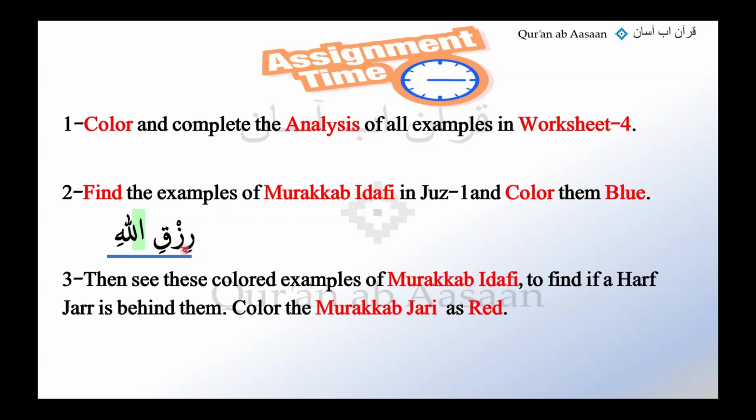For example, if we see Rizqullahi like this in the juz, and we look back, this is also in jar, we look back and we see min, the harf jar. How are we going to underline it? We know that min rizqi, together they are forming murakkabe jari. How are we going to underline it? Red underline, and make sure not here, below the blue line. We have already talked about it, yeah? Like this. Alhamdulillah. All right, any questions?